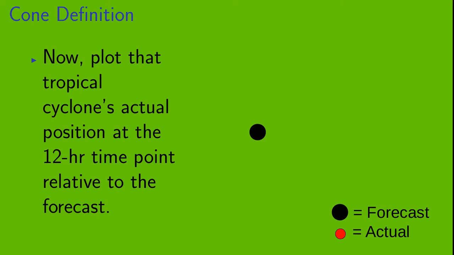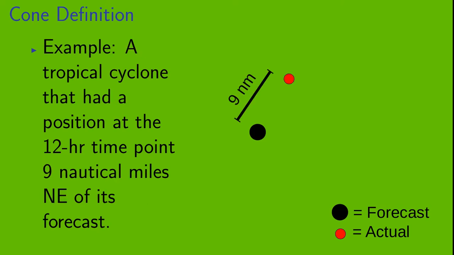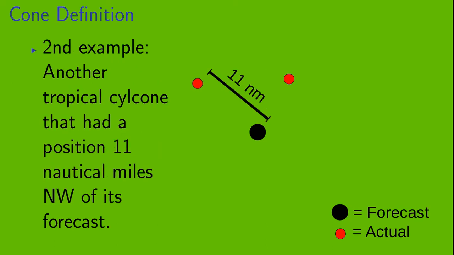And we're going to plot that with a red dot. So, for example, if we had a tropical cyclone that had a position at the 12-hour time point that was 9 nautical miles northeast of its forecast, we would plot a red dot like this. And as a second example, if we had a tropical cyclone that had a position 11 nautical miles northwest of its forecast, we would plot a red dot like this.